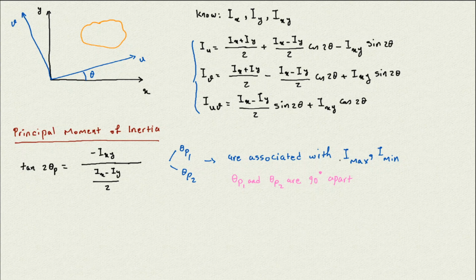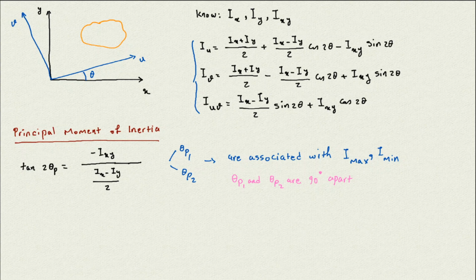So always the maximum and minimum moment of inertia happen exactly 90 degrees from each other. At whatever angle one of them happens, 90 degrees from that angle the other one would happen.